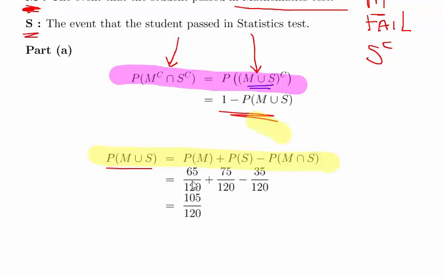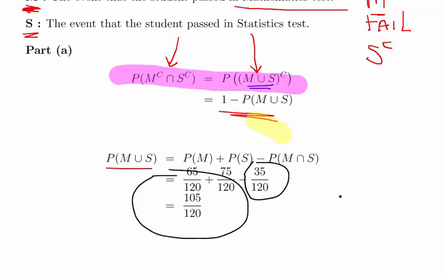Okay, but we're given all the information there: 65 out of 120 plus 75 out of 120 minus 35 out of 120. That means the probability of passing one or the other, which is the union, means that 105 people have passed one test at least. Okay, 35 have passed both tests.